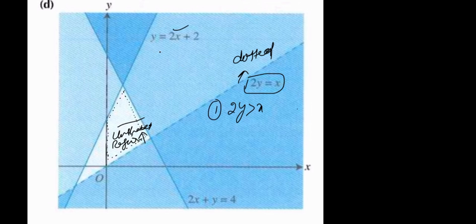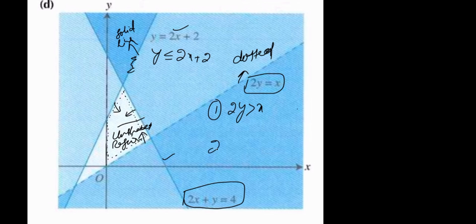For this line, as the unshaded region lies below this line, the associated inequality is y less than or equal to, because at this time this line is a solid line. So the inequality is y less than or equal to 2x plus 2. The last one, this equation 2x plus y. For this equation, the unshaded region is below this line.